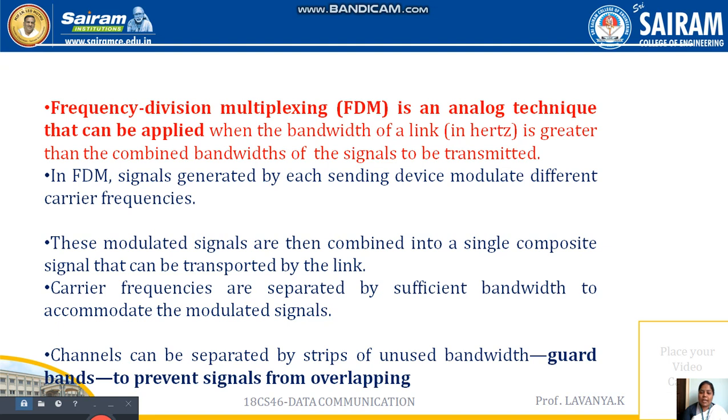Now, these modulated signals are combined into a single composite signal that can be transferred by a single link. What is a composite signal? A composite signal is nothing but the signal itself having its own shape.